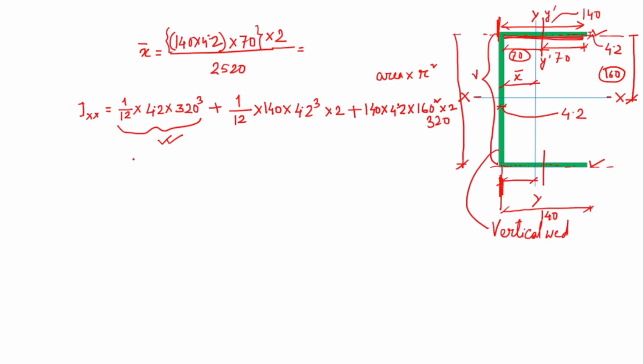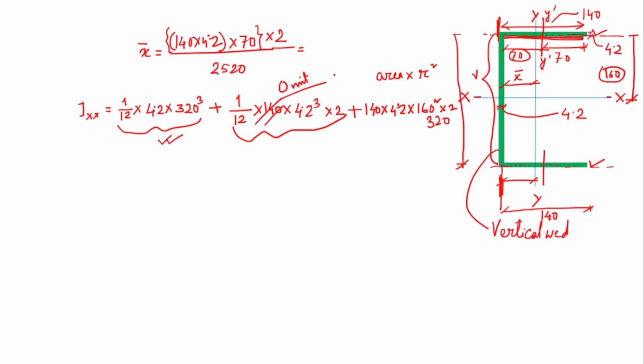But if you notice, this value will be very small. Why very small? Because we are taking the cube of 4.2, which is a very small value. So this part also we can omit.